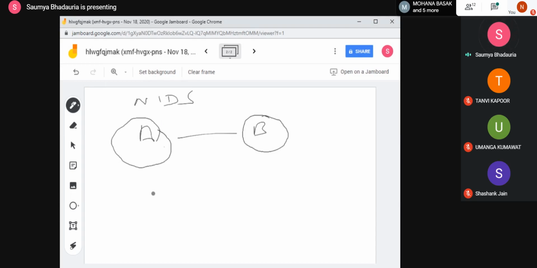So where would I do the intrusion detection then? The solution was that we will do the intrusion detection in the network. We came up with a solution that NIDS will do a real-time analysis.